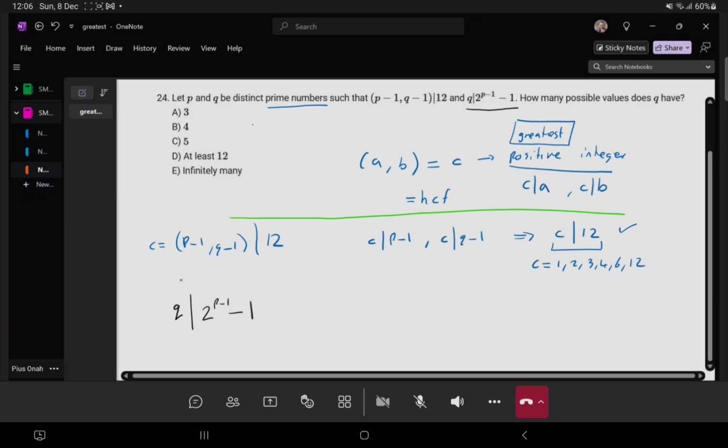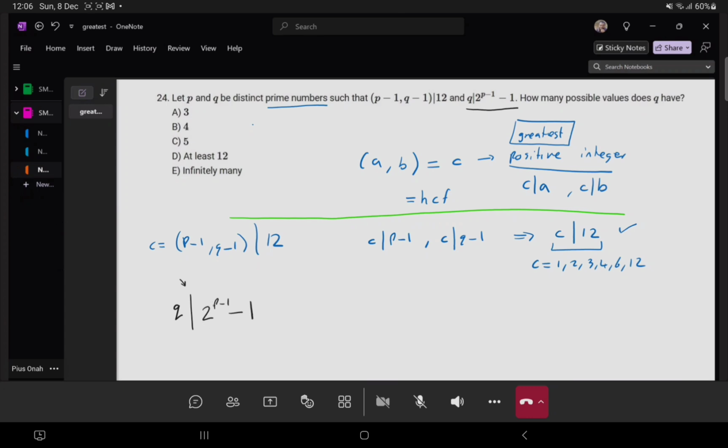So here we have this divisibility sign. It means that Q is a factor of this integer here. We have 2 raised to p minus 1, then minus 1. If you have something like this, typically we write this in terms of modular arithmetic, especially if we're dealing with prime numbers.